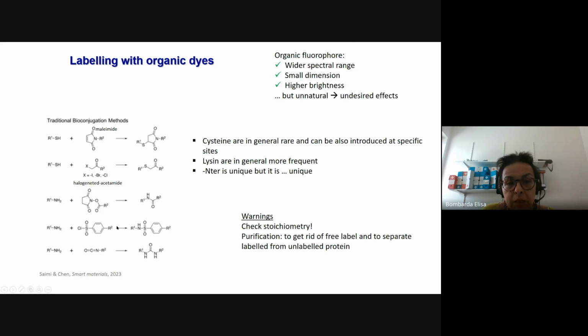So these are some common labeling strategies. Some warnings: of course, you have to check the stoichiometry, meaning you have to be sure that you have one label per protein, and you may want to purify your sample again in order to separate the proteins that were successfully labeled from the ones that are not labeled.